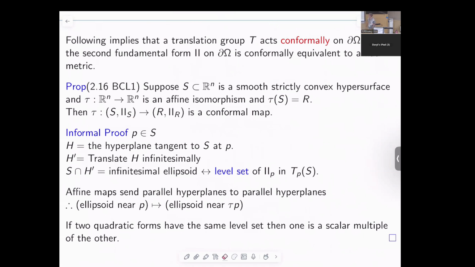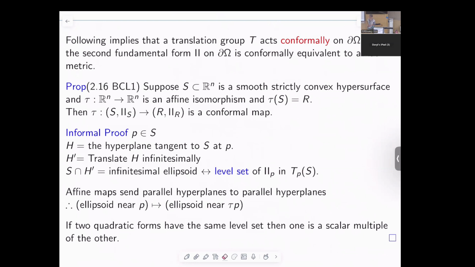And so it follows that the surface with this metric on it is conformally equivalent to Euclidean space and therefore actually isometric to Euclidean space. So this basic fact: if you have a smooth strictly convex hypersurface in Euclidean space, an affine map induces a conformal map.